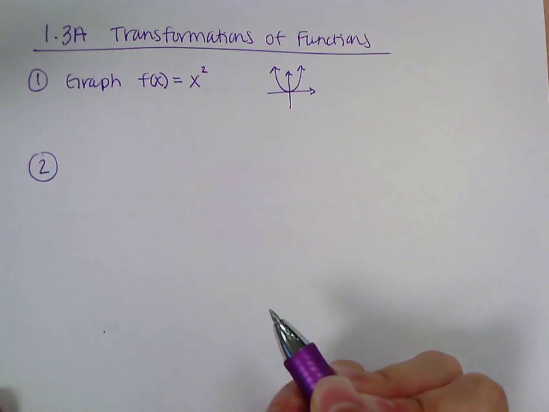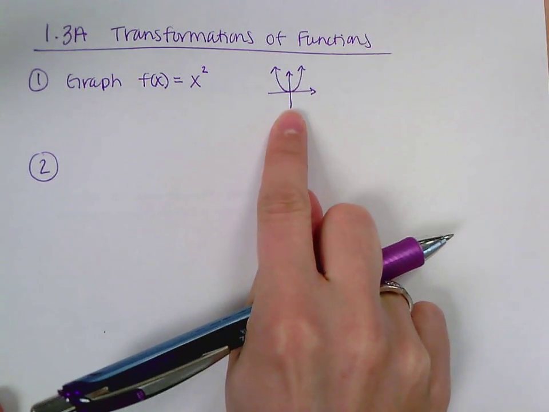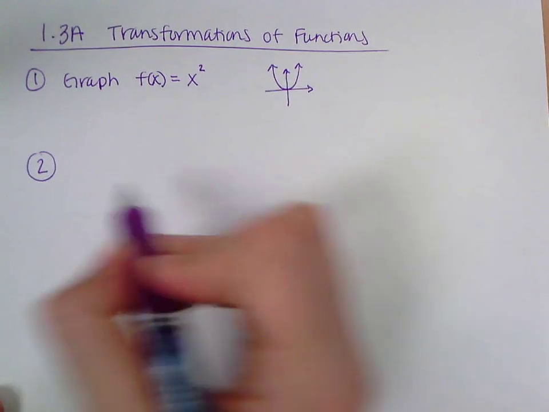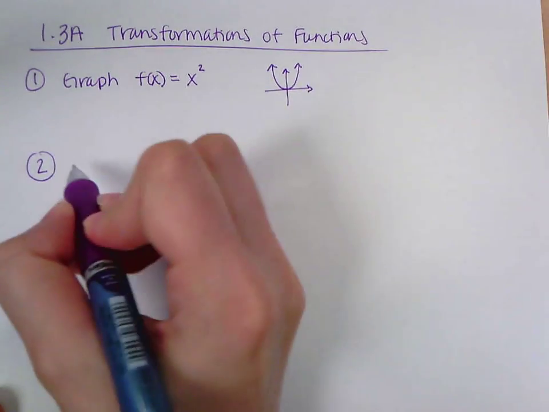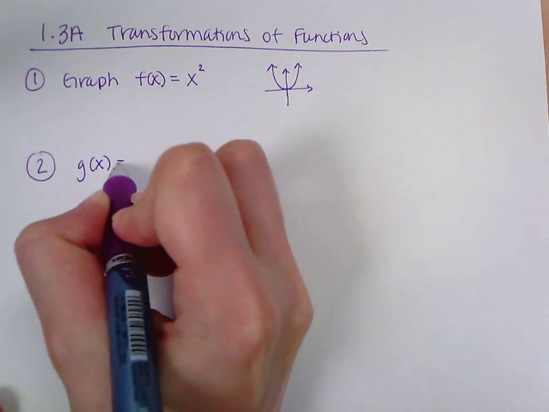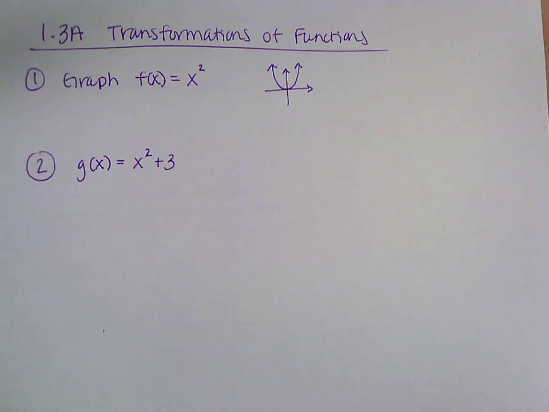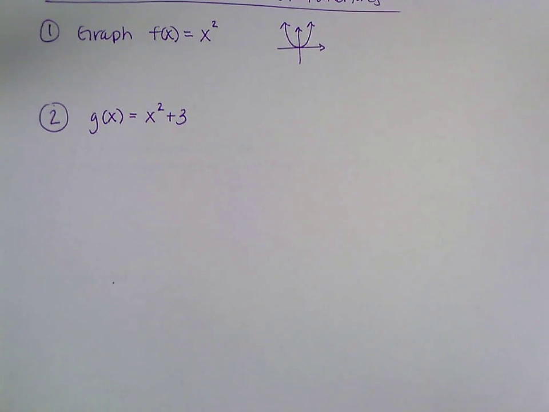Now we're going to be graphing transformations of x squared. So now I'd like you, we're graphing all of these. I'm not going to keep rewriting graph. Now graph g of x equals x squared plus 3. Try not to make a table, but if you need to make a table to help you remember what that transformation does, you're asking yourself, what does that plus 3 do to the graph of x squared?